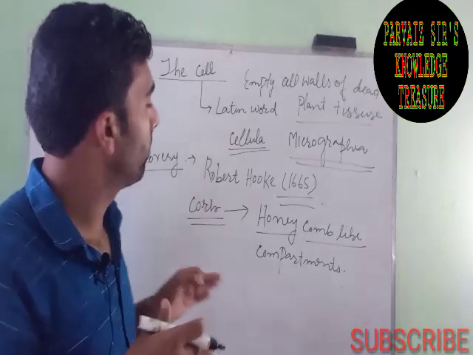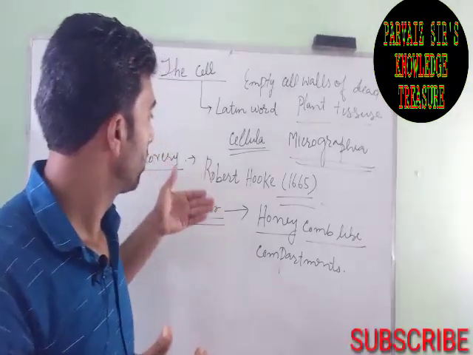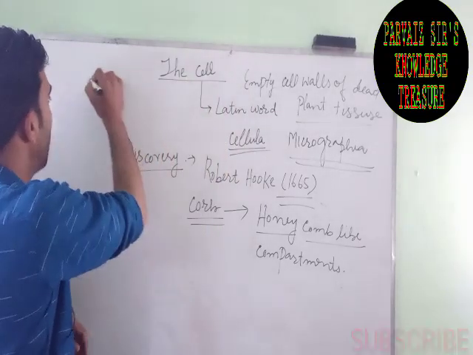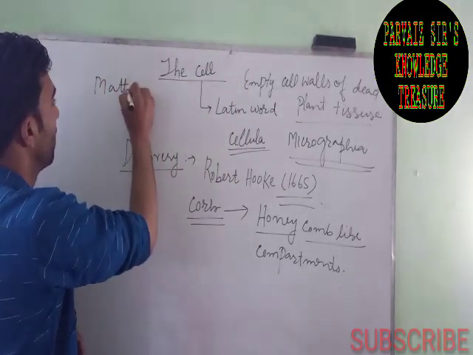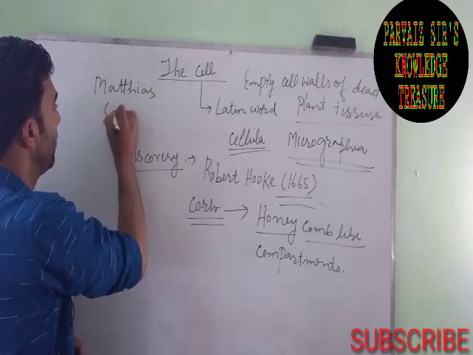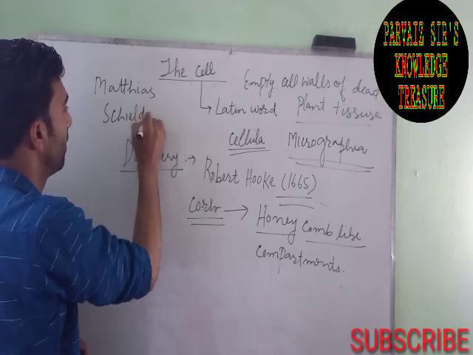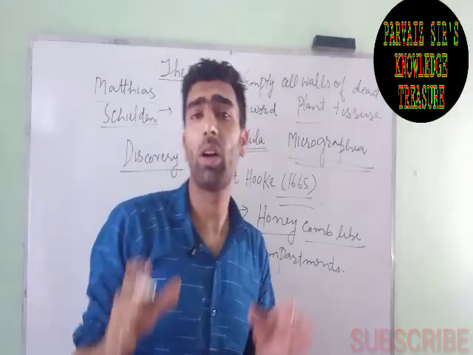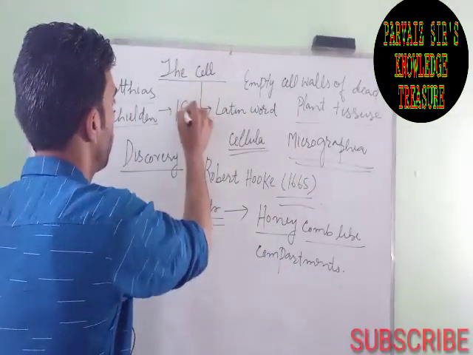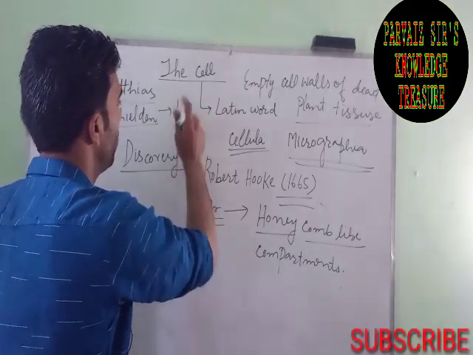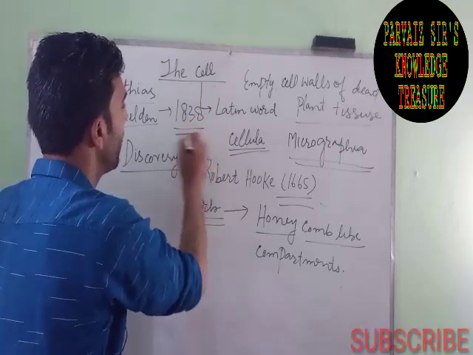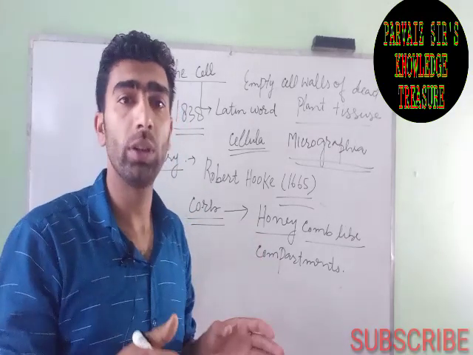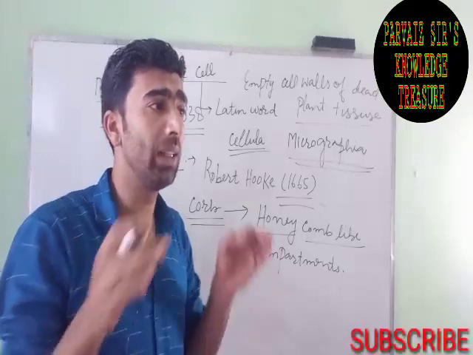A few years after the discovery of the cell, a scientist named Matthias Schleiden proposed that all plants are made up of cells. He proposed this in 1838. A year later, another scientist named Theodor Schwann proposed that all animals are made up of cells.